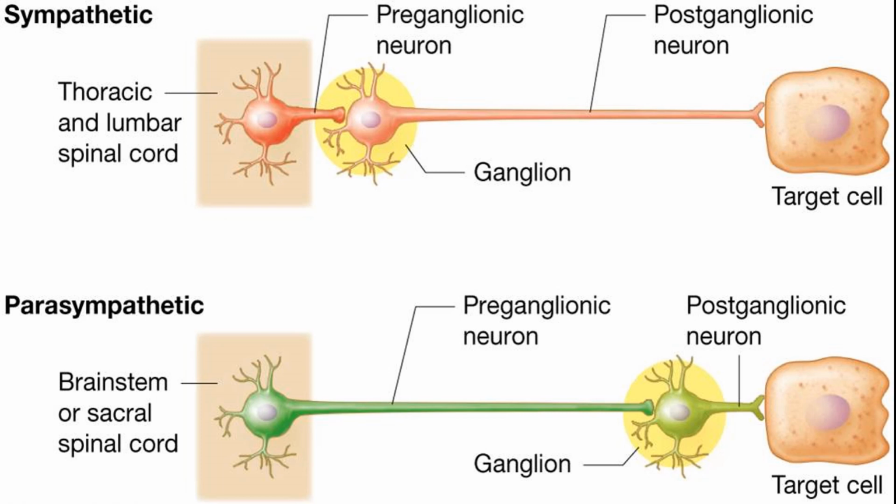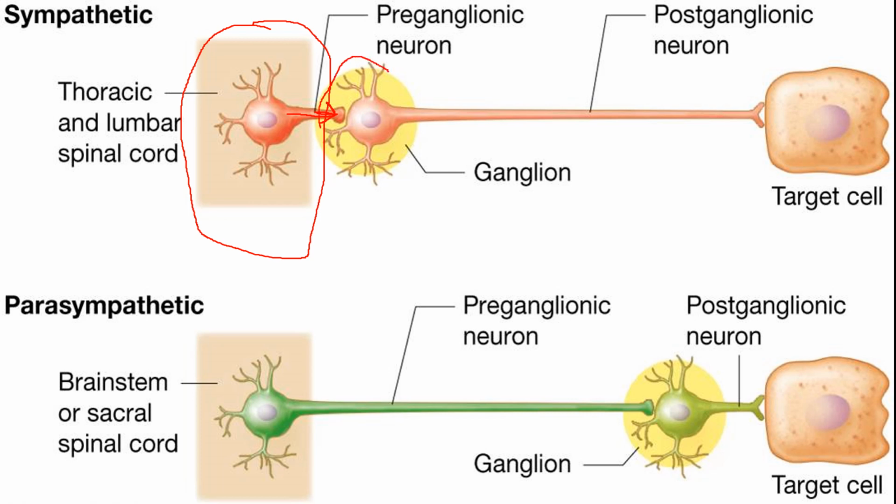And here's a great example we see here. This, of course, is still the spinal cord. We see a preganglionic neuron with a very short axon that synapses onto this postganglionic neuron, whose cell body resides inside this ganglion. Remember that.